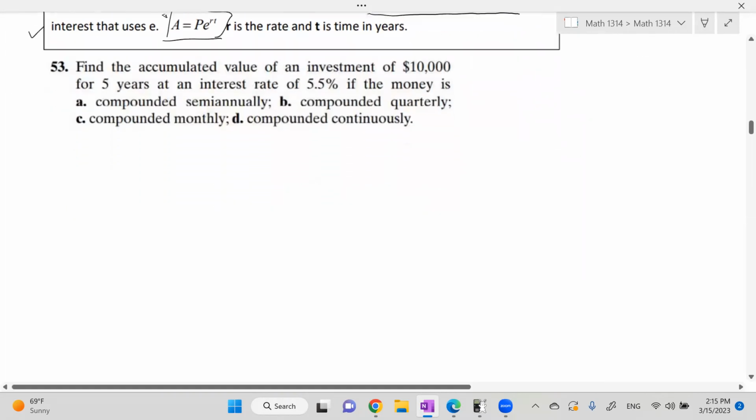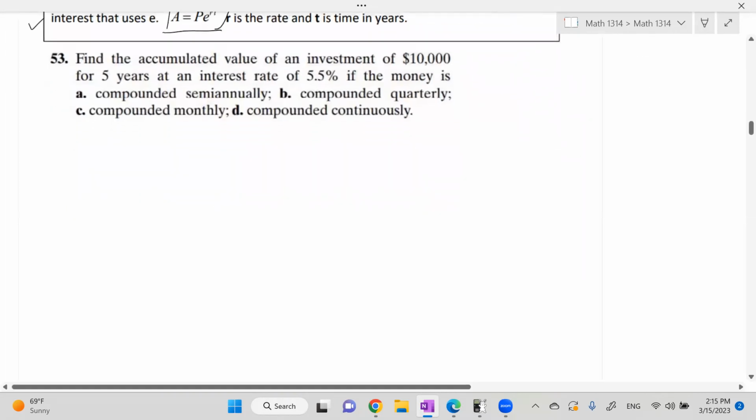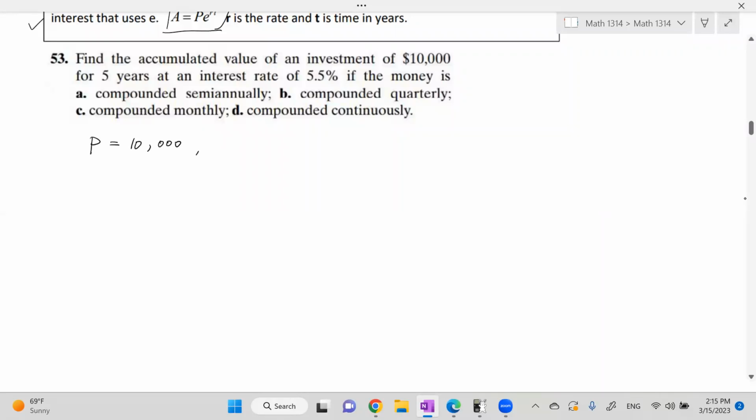All right, let's identify the P, R, and T. P is the initial amount, the principal, 10,000. And how about years? Years, that's T. T is always in years. In the previous formula, for compounding annually, T also means years.